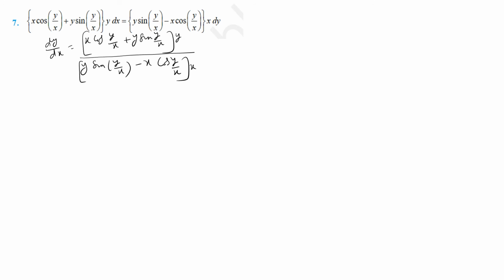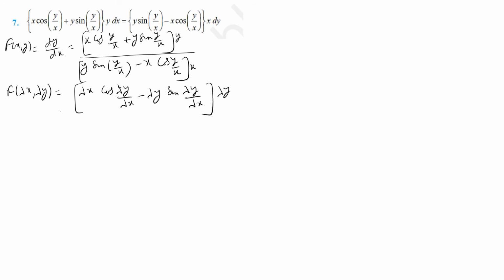Clearly, if I replace x by lambda x and y by lambda y, it will be lambda x cos lambda y upon lambda x plus lambda y sin lambda y upon lambda x, and this is upon lambda y sin lambda y upon lambda x minus lambda x cos lambda y upon lambda x, times lambda x.